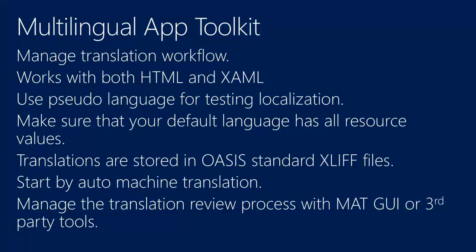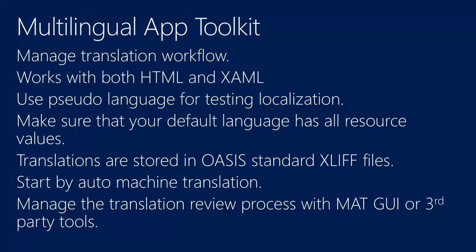So it's not just for resource IDs and resource translations. It also has, what if this resource is new? Is it translated? It's now reviewed. It's done. All the workflow management is done using the XLIF file format. And actually, there are many third-party tools that depend on XLIF for translation management.